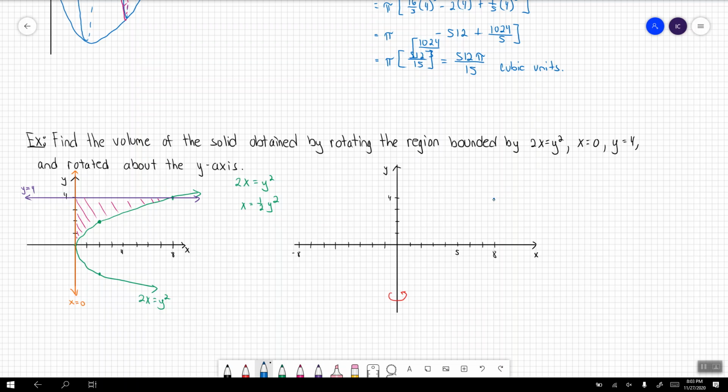And so again, this figure has a parabola here.